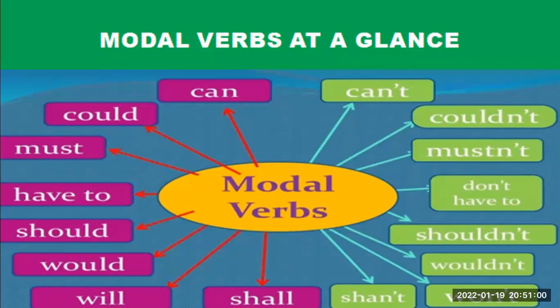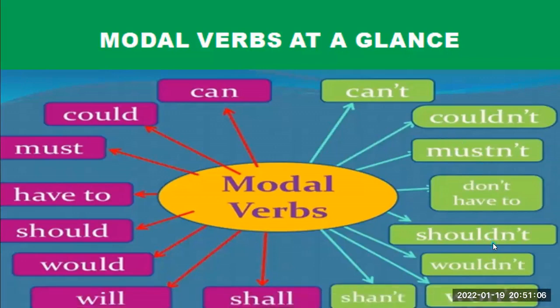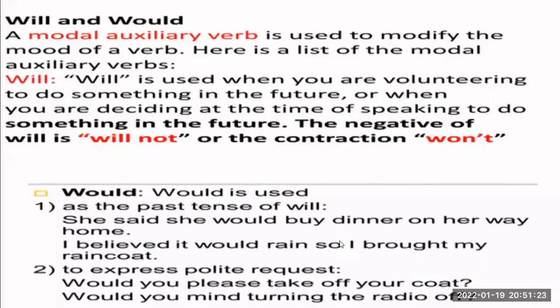All right, perhaps one particular, yes, it's not on this list, may and might. All right, may and might. Okay, so now let's begin to look at will and would.